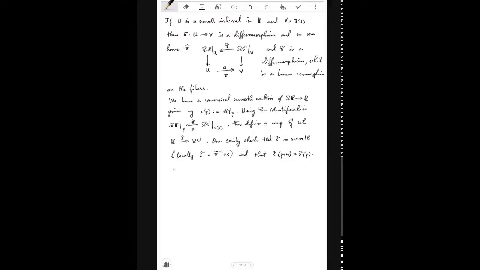This shows that s tilde descends to give a section of omega S1 to S1, which we shall denote by dt.